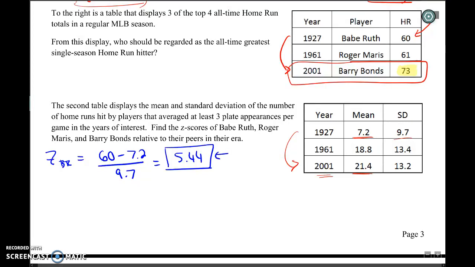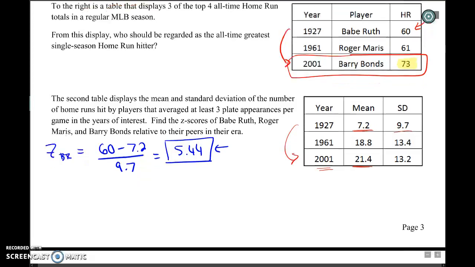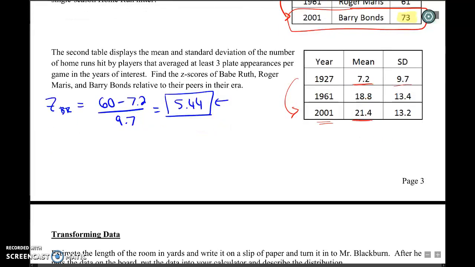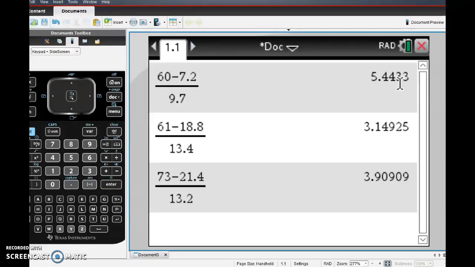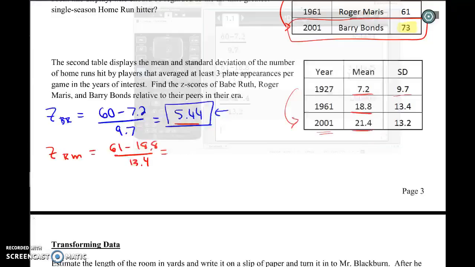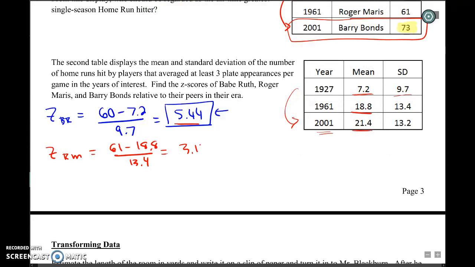That's amazing. A little later on in the year, we'll talk about how rare this is, but for right now, we'll just say it's rare. Roger Maris, 61 minus 18.8 over 13.2. I typed that in already. 3.15.